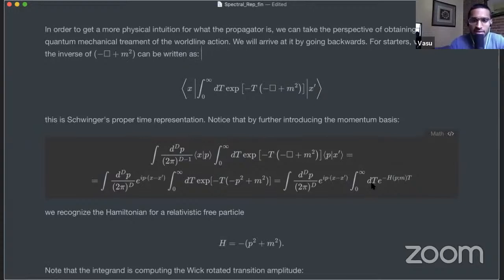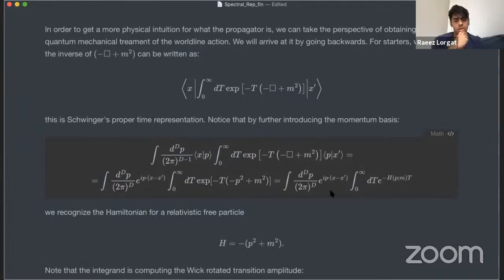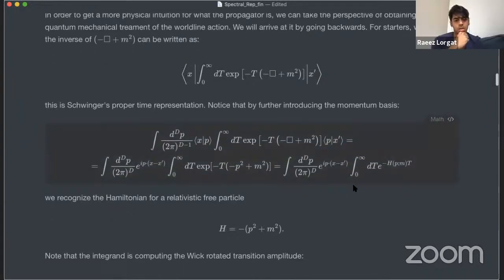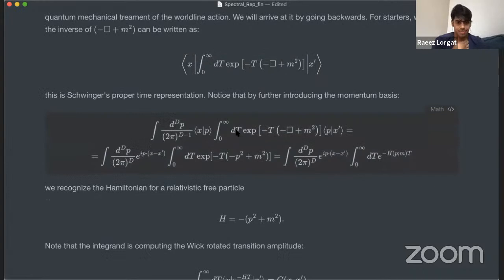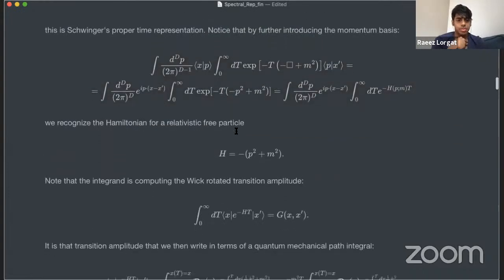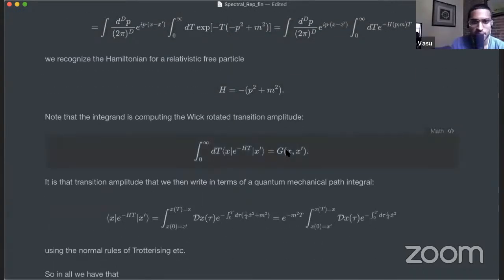And the net effect of summing over all paths, different paths really only differ by their proper length, and that's what this t really stands for. And that gives you the propagator. So that gives you the transition amplitude to go from x prime to x. And so that's what we have here.